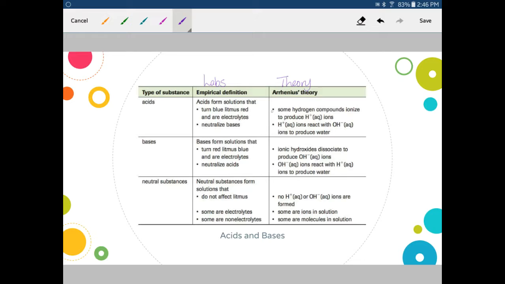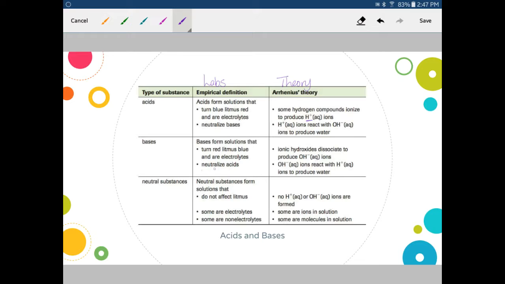And Arrhenius' theory said some hydrogen compounds ionize to produce hydrogen ions, and hydrogen ions react with hydroxide ions to produce water. So a neutralization reaction would be hydrogen ions with hydroxide ions. Now, bases are basically the inverse of acids. They turn red litmus blue. They are still electrolytes.